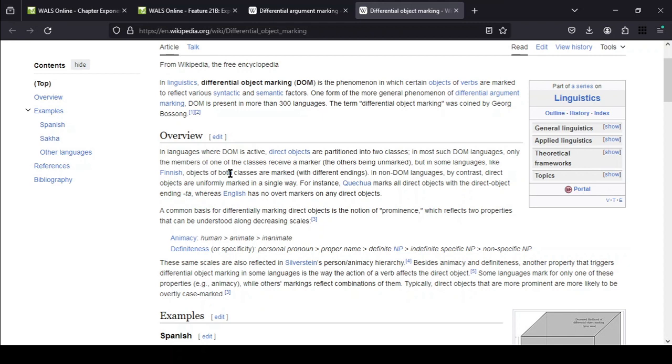In most DOM languages, only the members of one of the classes receives a marker, the other being unmarked. But in some languages like Finnish, objects of both the classes are marked with different endings. In non-DOM languages, by contrast, direct objects are uniformly marked in a single way. For instance, Chekwa marks all direct objects with the direct object marking ta, whereas English has no overt markers for any direct objects.